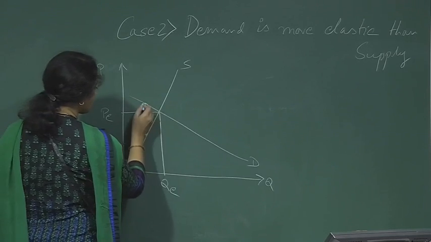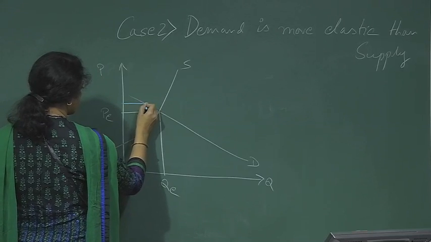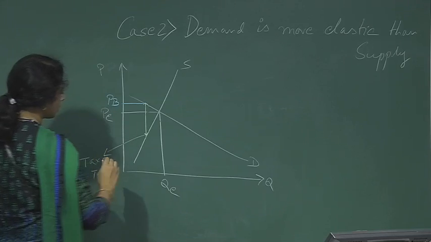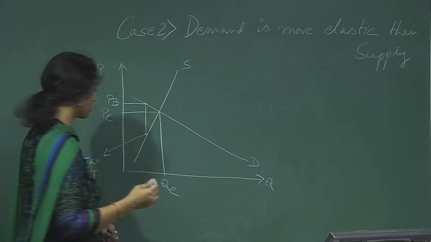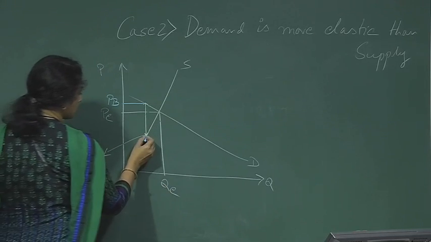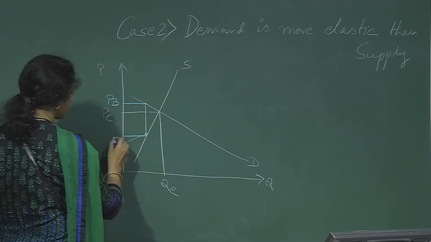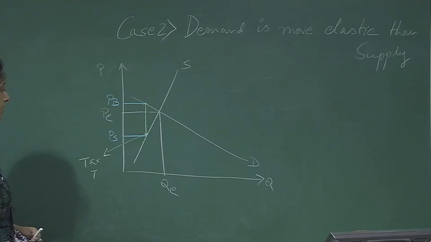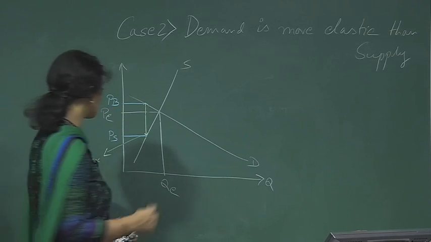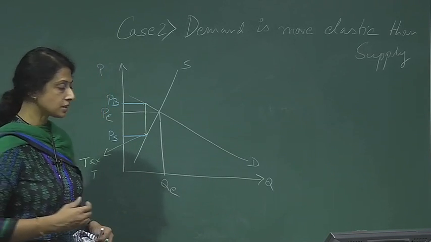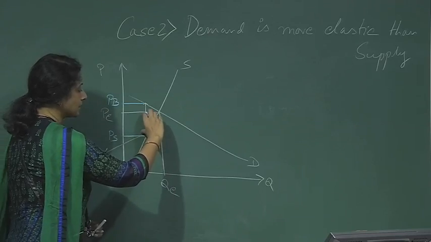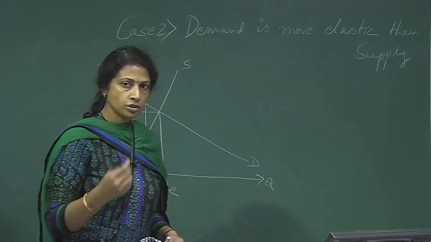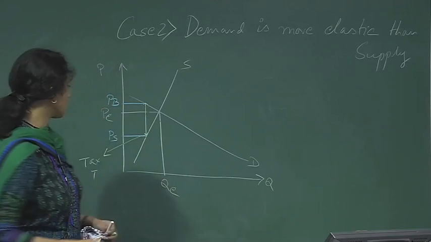So now along the demand curve, the buyer is going to pay a price of PB which is higher than the equilibrium price, and along the supply curve, the seller is going to receive a price of PS which is less than the equilibrium price, and this is the incidence of tax that the seller is bearing.